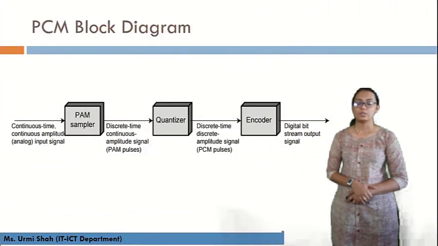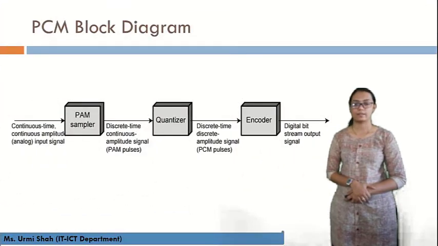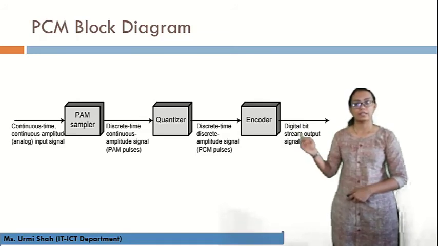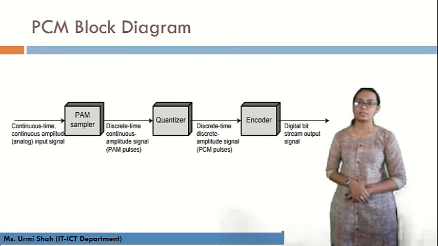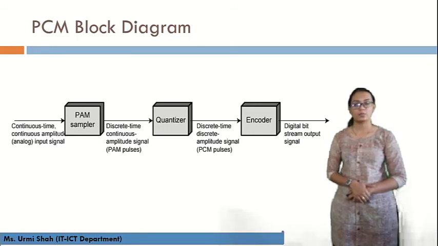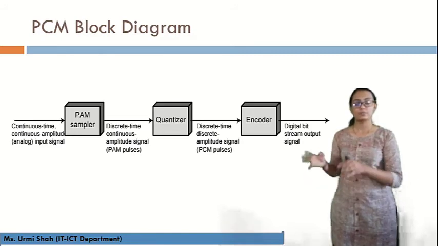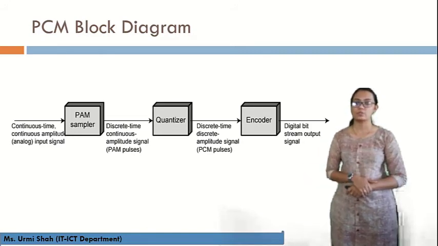Next, coming to the PCM block diagram. Basically, the PCM block diagram includes the input signal, a continuous time, continuous amplitude analog input signal. This input will be further processed by the PAM sampler circuitry.